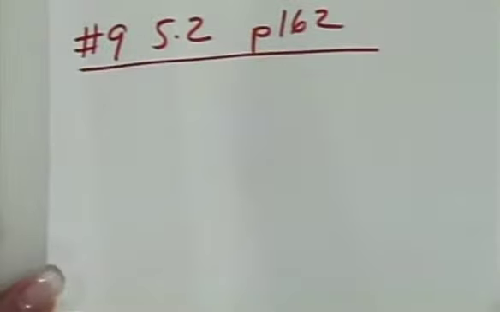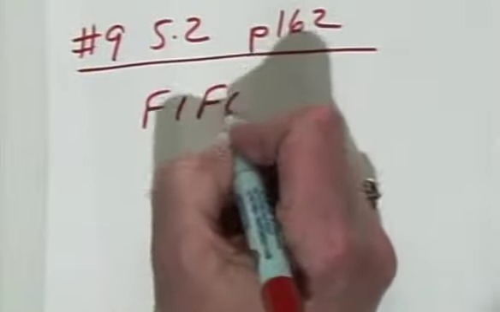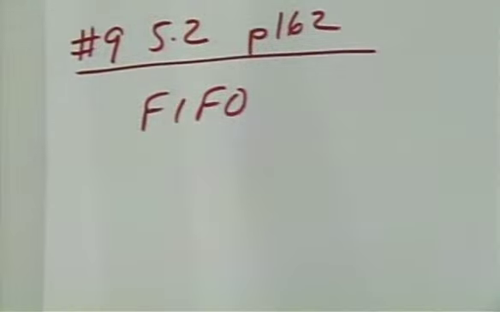Just for the sake of the tapes, I think he's making a new edition, so if someone were watching the tapes later, it might not be on page 162, but it would still be problem number 9 on 5.2. Number 9 says, find the value of the ending inventory using first in, first out method for the guitar store.